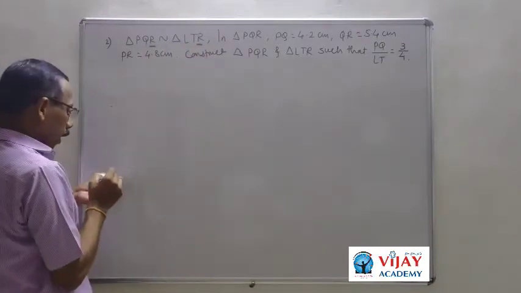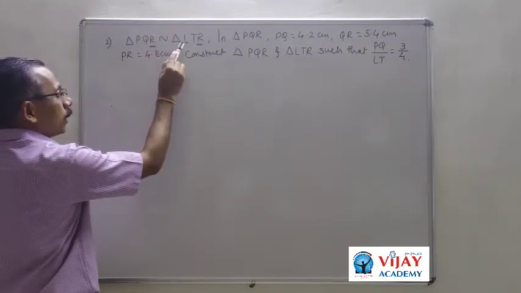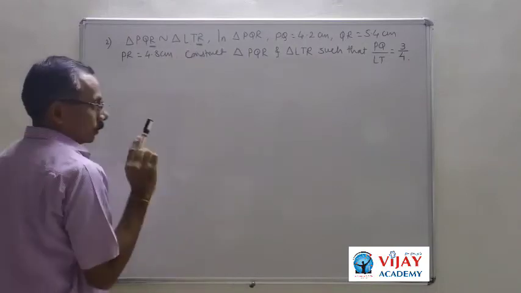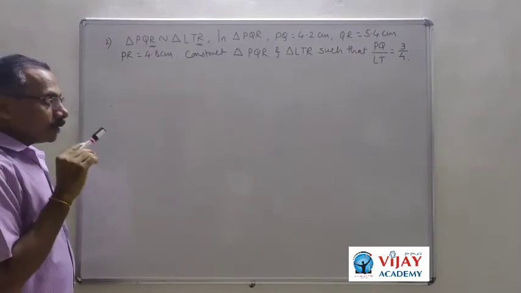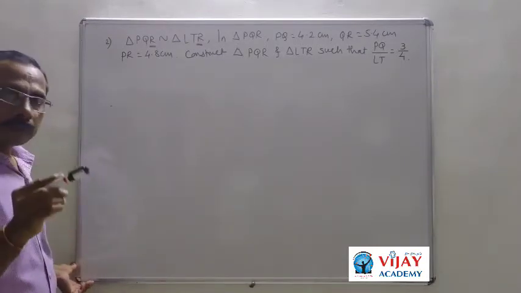Triangle PQR is similar to triangle LTR. R is a common vertex, and that time there is a different method to draw such types of triangles.